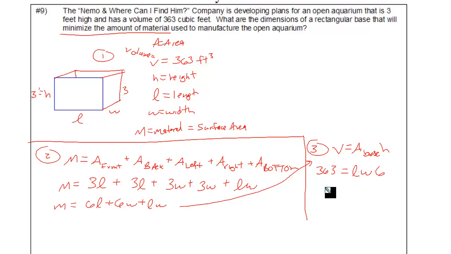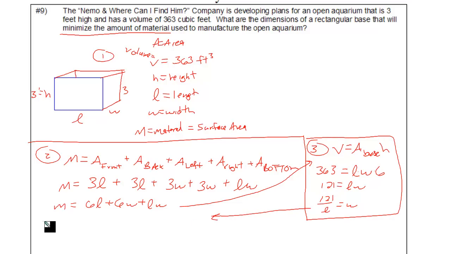If I divide both sides by 6, then get W by itself, I get that W is 121 divided by L. I'm going to take this and substitute this, replacing all of my W's with 121 divided by L.